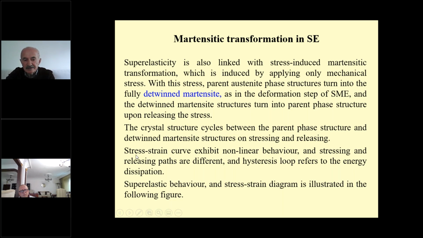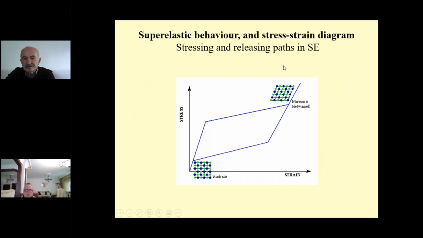It is important that the stress-strain curve exhibits nonlinear behavior, and the stressing and releasing paths are different. Hysteresis refers to the energy dissipation. These are the stress-strain characteristics for superelasticity.